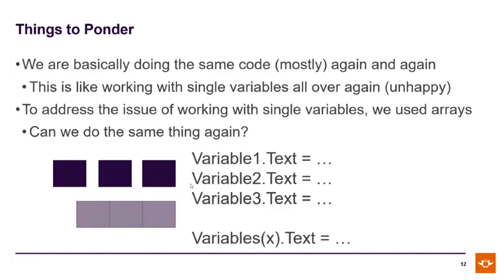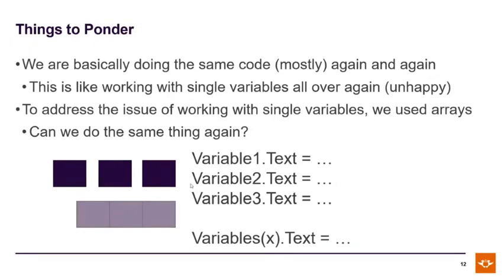It's not fun. It's once again, you're doing multiple values that you have to manually check. So it's a lot of if statements as well. So to address the issue of working with variables, we used an array, which makes it a lot more convenient for us. So can we do the same thing again?